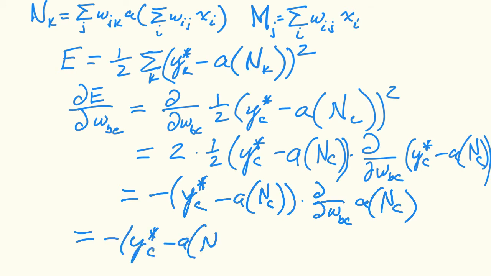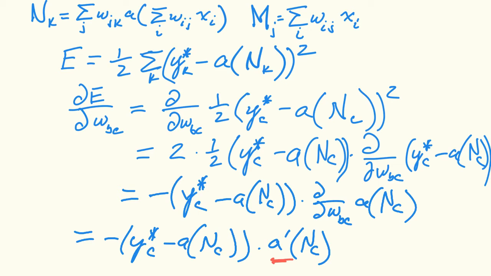which we take the chain rule again. This becomes a derivative of a of n sub c. Remember, we know this fact because that was one of the reasons we picked the logistic function in particular, so that we could do this.